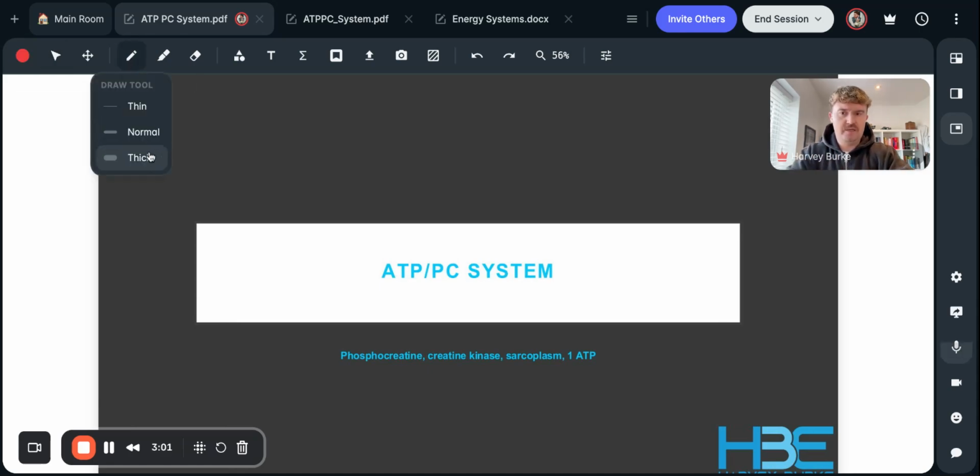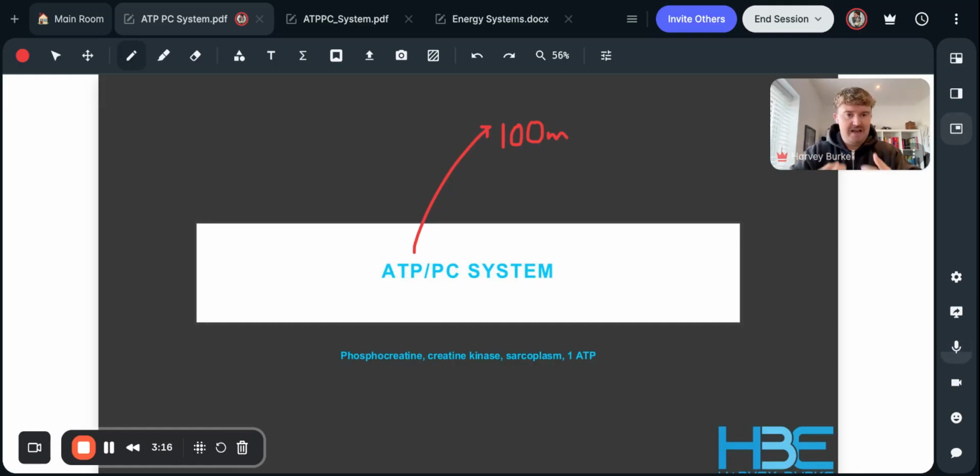Whereas this ATP PC system would be the predominant energy system in something like a 100-meter sprint, a shot put, a javelin throw, a weightlifting competition, anything that's really high intensity but for a short duration, specifically less than 10 seconds. And we're going to speak about why.